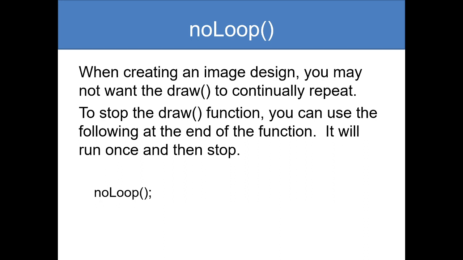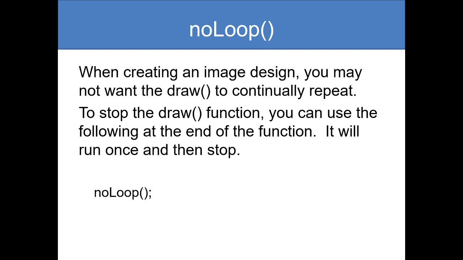Here's the next thing, and I've been asked this a couple of times: what if I don't want draw to keep drawing? What if I just want it to happen once? That can happen with Processing, where we want it to run once and then we're done. Or maybe once it meets a certain criteria, we want it to stop doing the draw function. A way to stop the draw function is a command called noLoop.